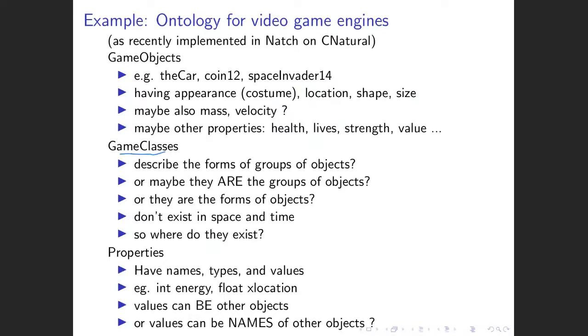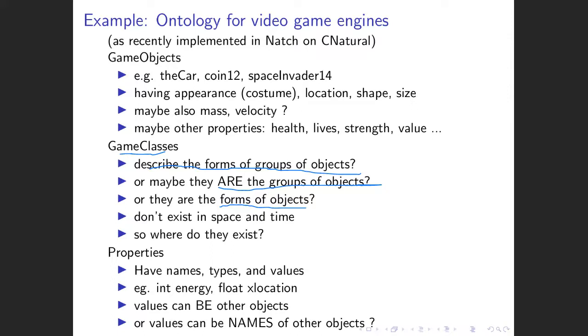So a game class is somehow going to describe the form of a group or a collection of objects. It's going to describe the things they have in common. Or possibly a class is the group of objects. It's the collection of all possible Space Invaders in some theories. In other theories, it's not the collection, it is the abstract form of Space Invader, the abstract shape and structure of what a Space Invader is.